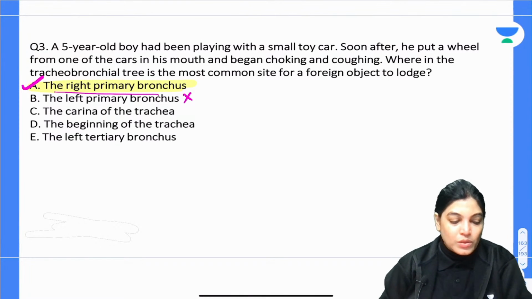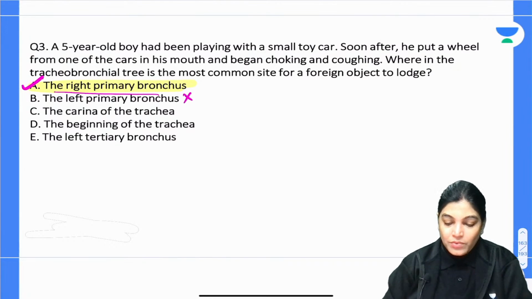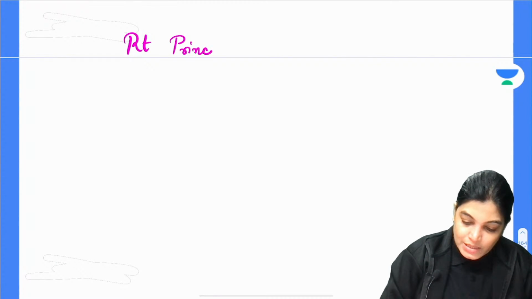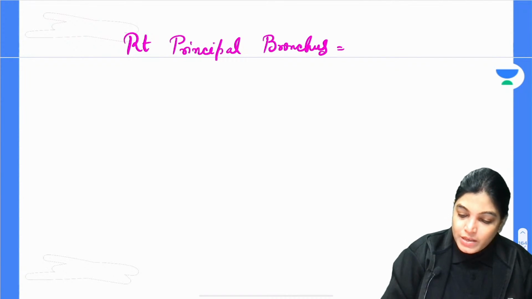I will come to all the other options, like the carina of the trachea, but first I will show you the diagram. What is the reason that the right principal bronchus is the right answer for the foreign body?